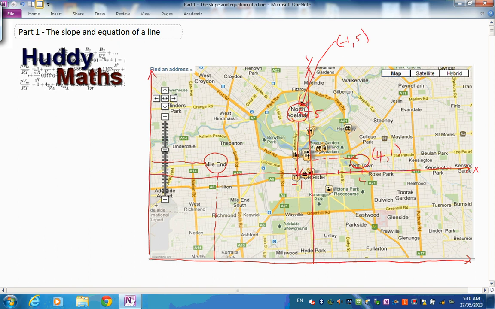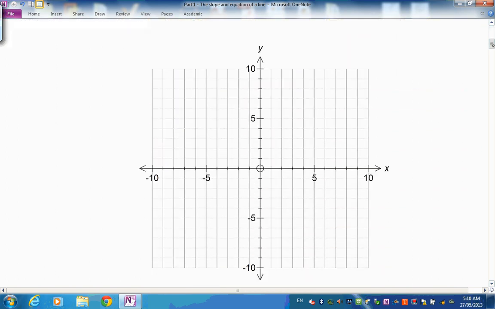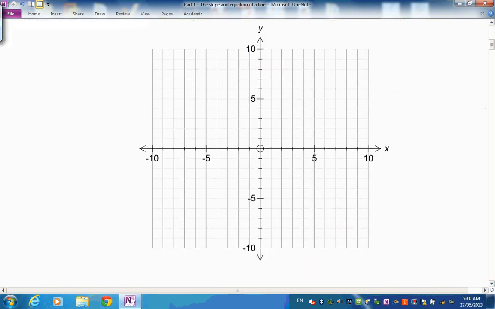Let's have a look at the sorts of things that we've done before on this grid. Come down with me here, and here we have a grid, and there are two French mathematicians, as I said. The first was René Descartes, who went about drawing various shapes on a grid and trying to find the equation.